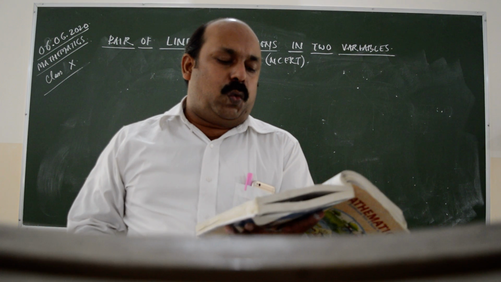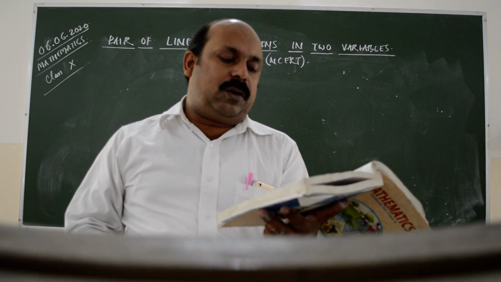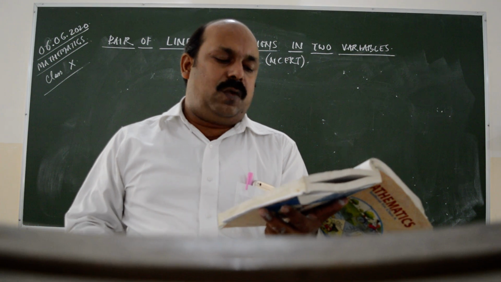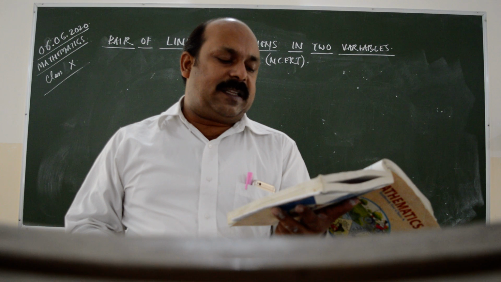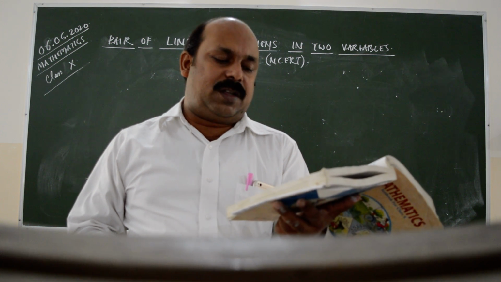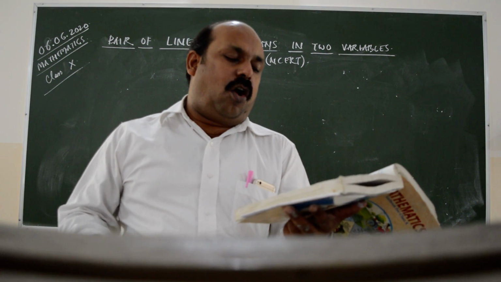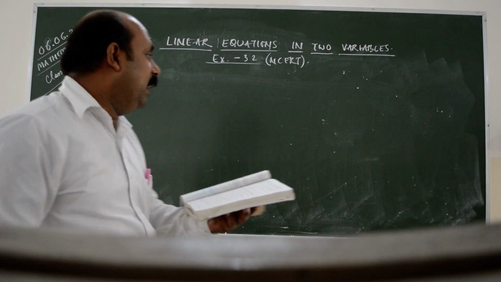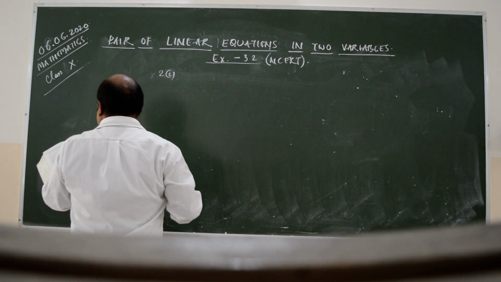Now question number 2. On comparing the ratios a1 by a2, b1 by b2 and c1 by c2, find out whether the lines representing the following pairs of linear equations intersect at a point, or they are parallel, or they are coincident. So let me take question number 2 part 1.